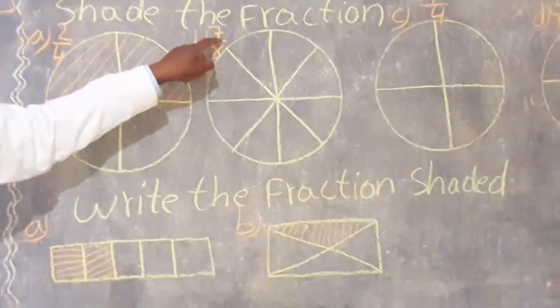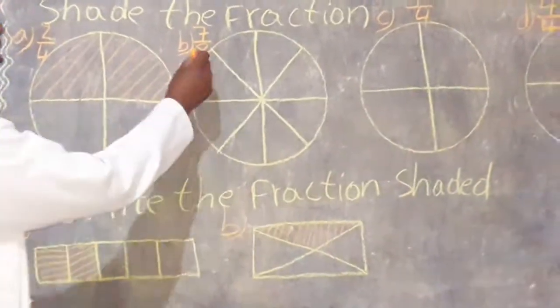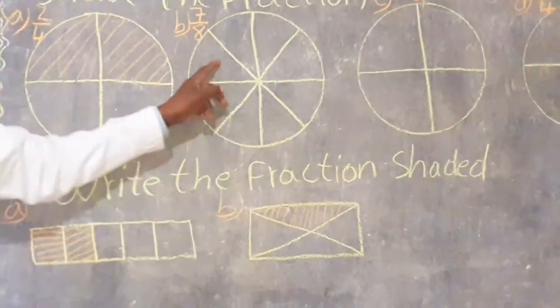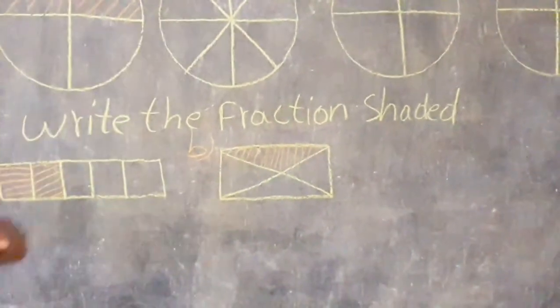The taken parts are 7. I'm going to shade 7 parts.